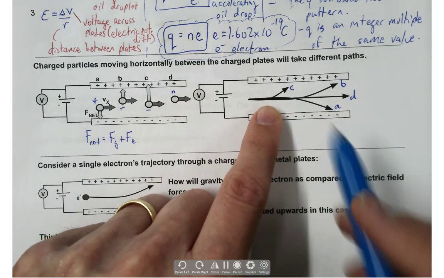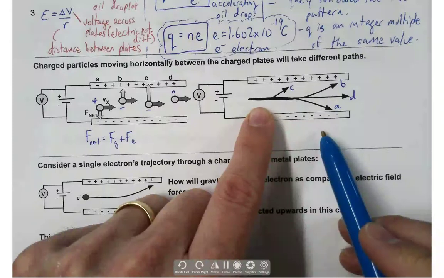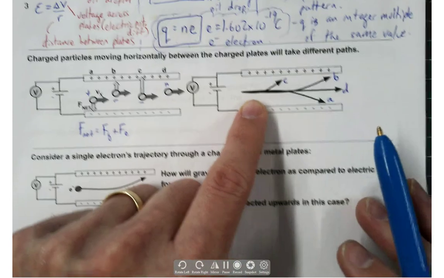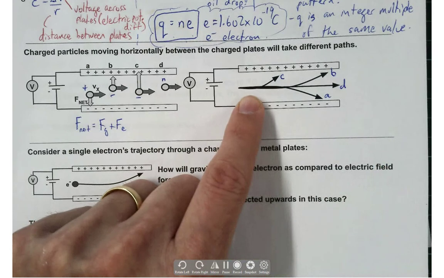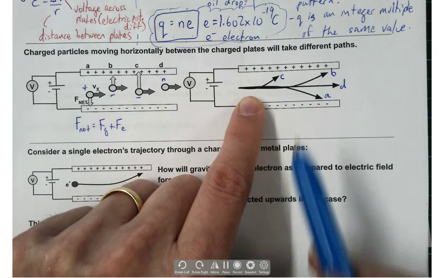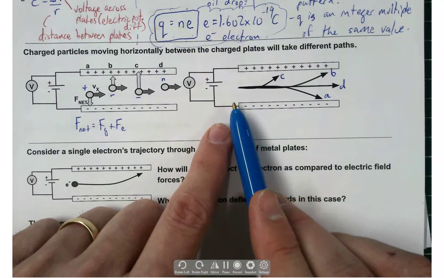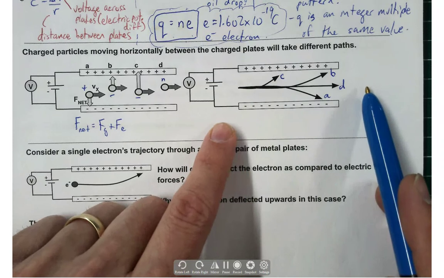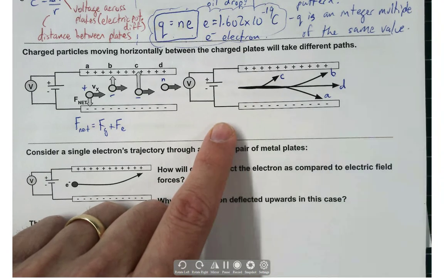Sometimes, though, they're going to stick to the sides. Earlier there was a reading about an electrostatic air scrubber. Can you imagine if soot from a factory was fired between these two plates? Soot almost always has some charge to it because of the ionization process and how burning works.